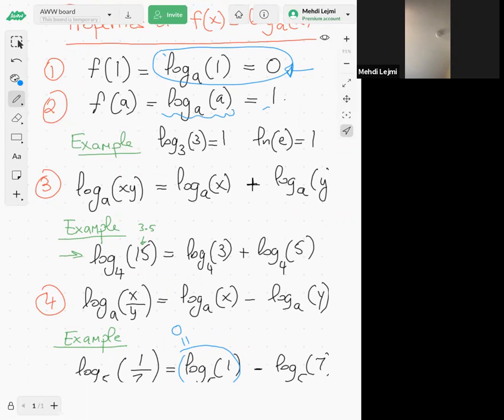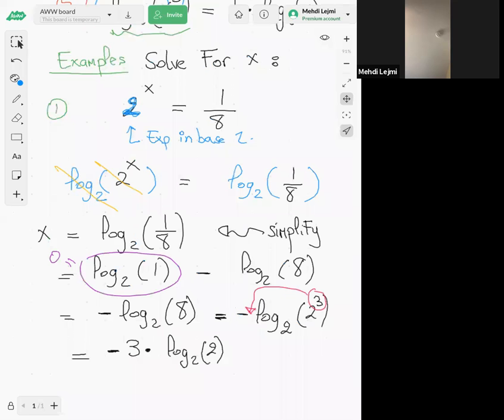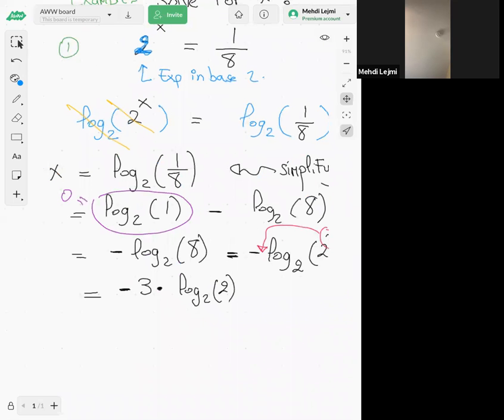So for example, log of 3 in base 3 is 1. Here we have log of 2 in base 2, which is equal to 1. So then the answer would be negative 3 times 1, and so your x is actually equal to negative 3.